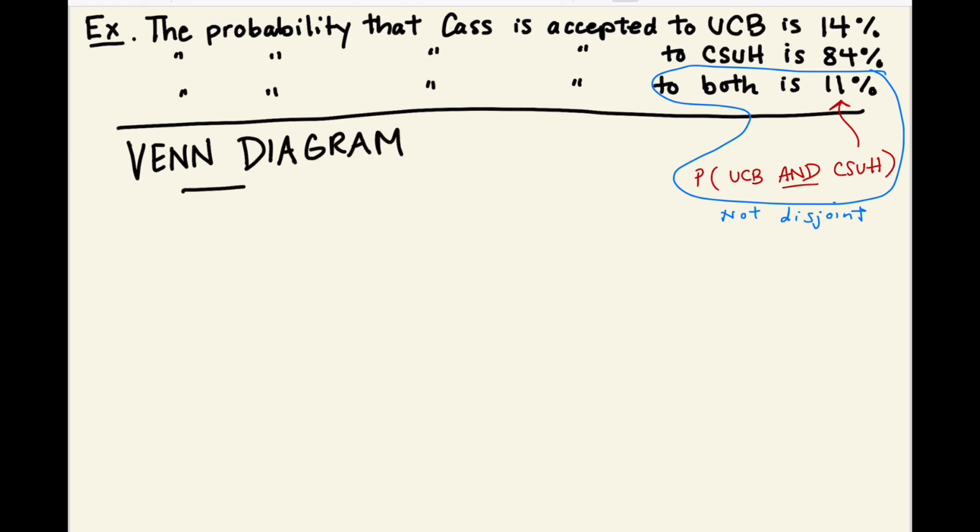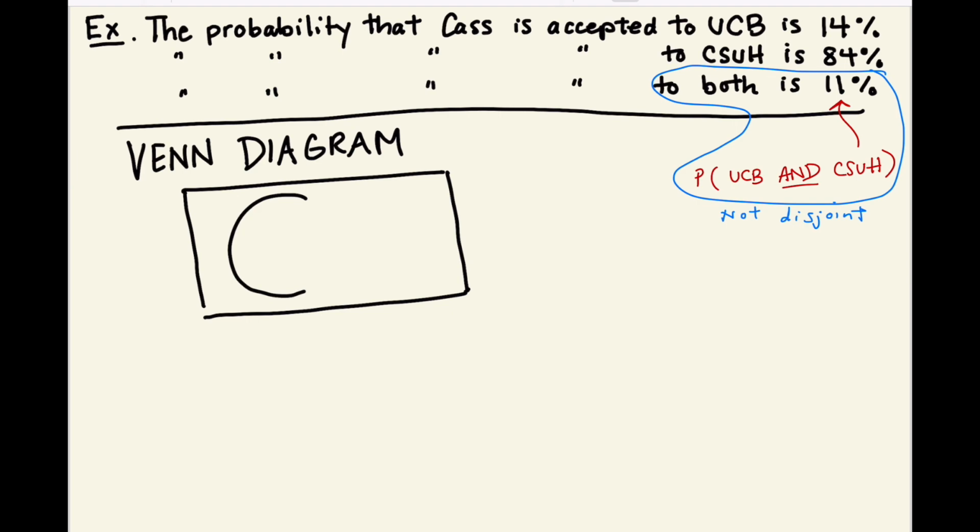And let's suppose that this box represents my sample space, so everything that can happen. The circle on the left represents the event that Cass is accepted to UC Berkeley. And the circle on the right represents the probability Cass is accepted to CSU Hayward.